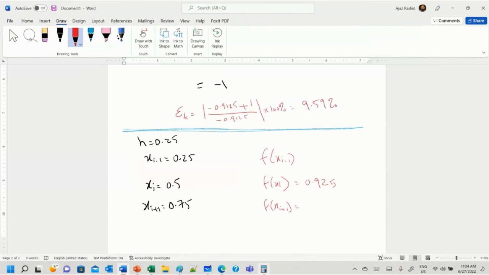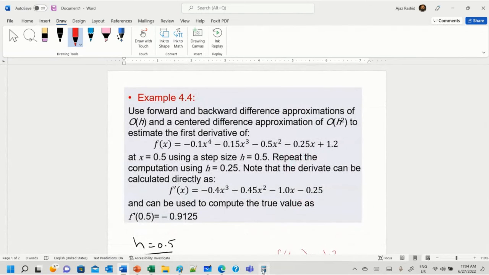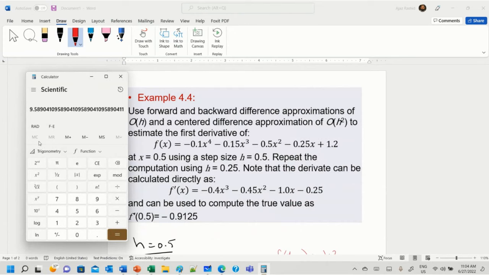We need to find the function at 0.25 and at 0.75. So I'll go back here, cancel the memory, cancel everything. Okay, so this is what we'll do. We have 0.25 to the power 4, multiplied by 0.1, and we subtract it from the memory. Then 0.25 to the power 3 multiplied by 0.15, subtract from the memory. 0.25 to the power 2 multiplied by 0.5, also subtract from memory.